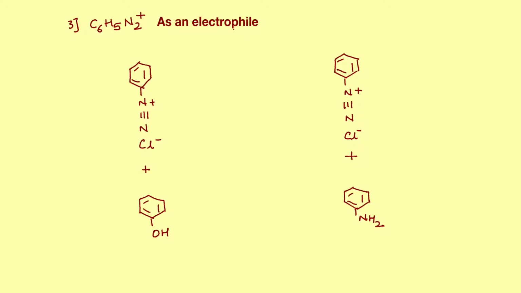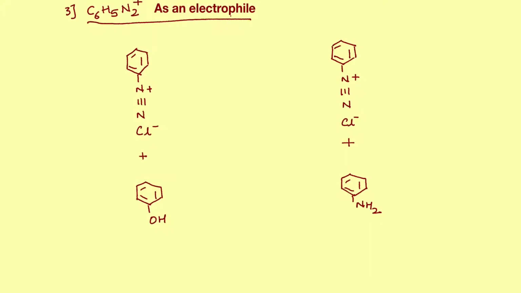Okay, the last reaction of this topic, C6H5N2 positive behaving as an electrophile. You remember the two beautifully colored compounds that we had, the orange dye and the yellow dye. Now what I have done is I have written the reactants like this vertically.